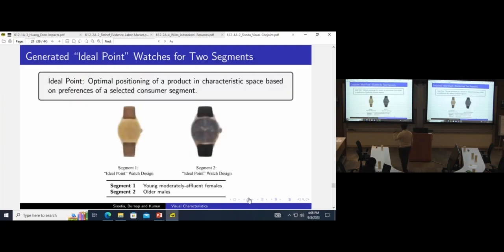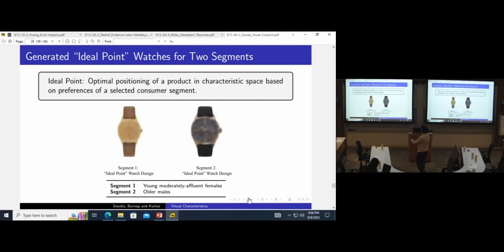So finally, using this conjoint analysis, we wanted to generate an ideal point for different consumer segments. We found that in our data set there were 2 major segments. Segment 1 was mostly composed of young, moderately affluent females, and segment 2 was mainly older males. Our model generated the watch on the left side as the ideal watch for segment 1, and the watch on the right side as the ideal watch for segment 2.